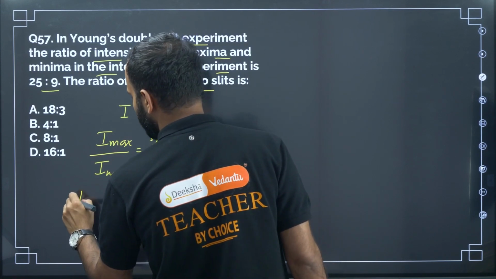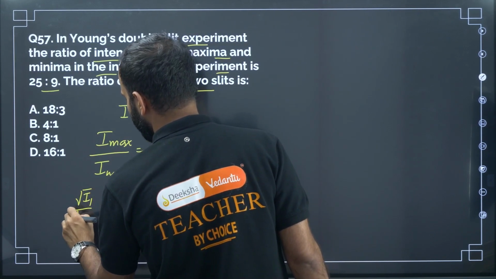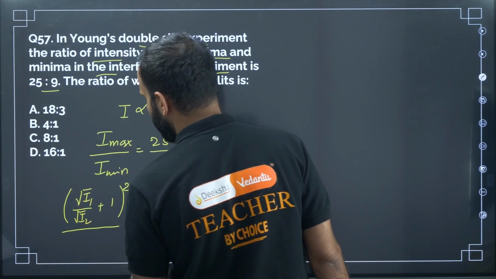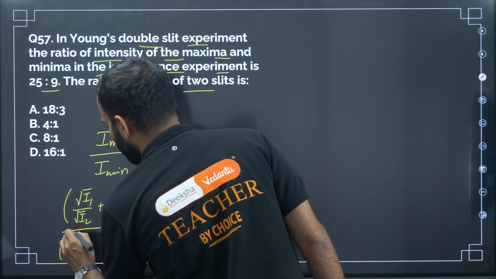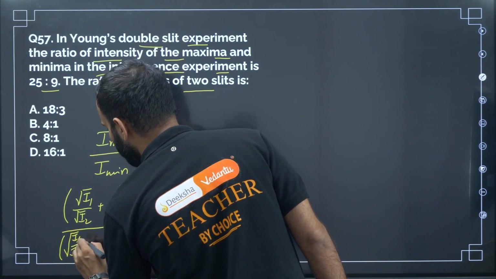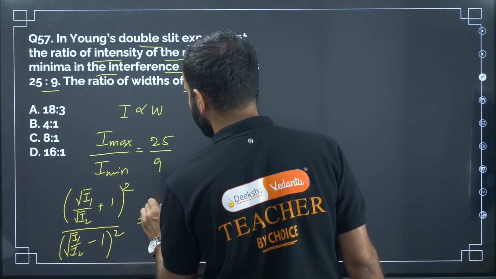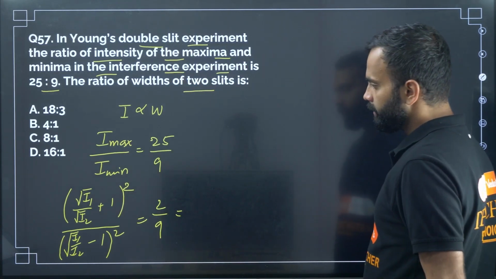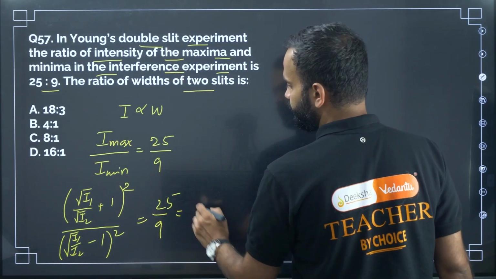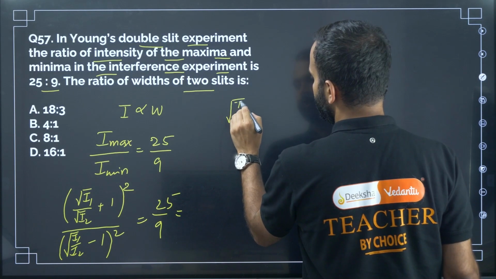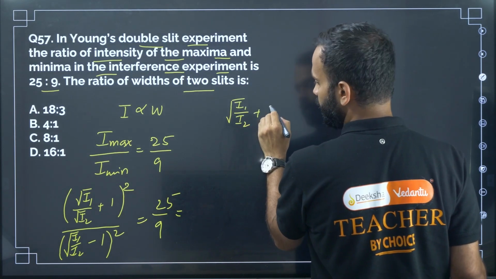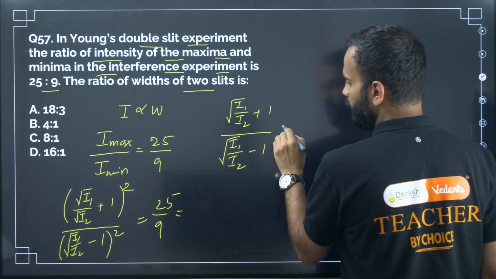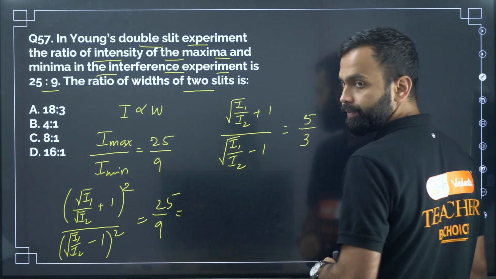So I max is (root of I1 divided by I2 plus 1) whole square, divided by I minimum, which is (root of I1 divided by I2 minus 1) whole square, equal to 25 divided by 9. Okay, so now take the square root on both sides. So root of I1 by I2 plus 1 divided by root of I1 by I2 minus 1 is equal to 5 divided by 3.